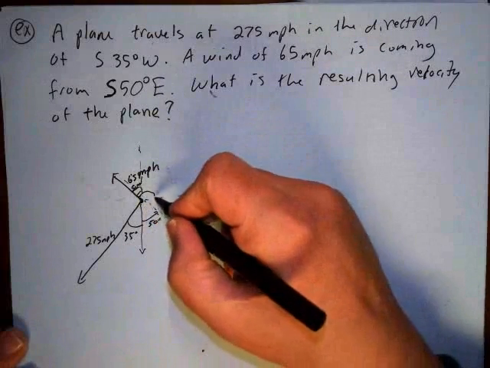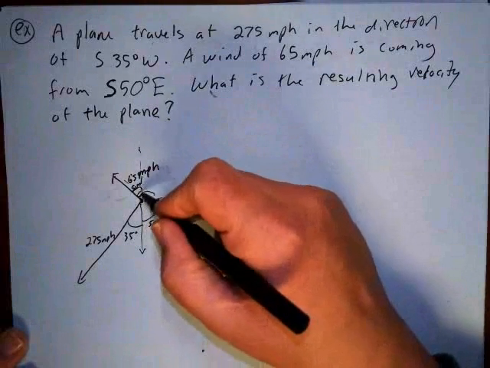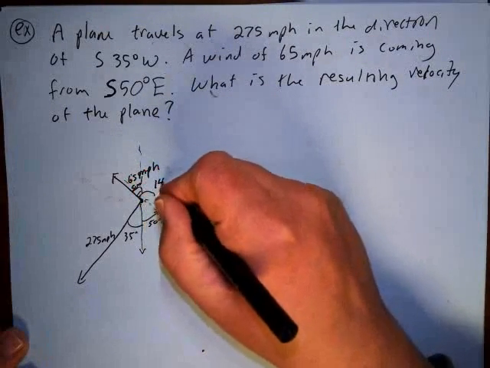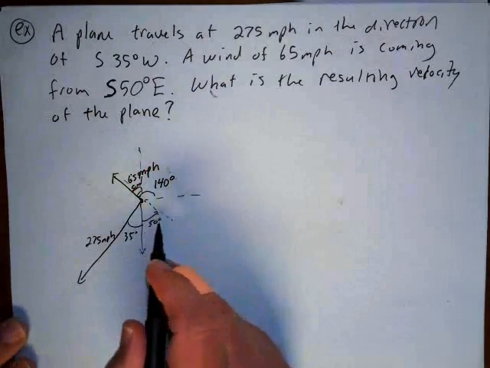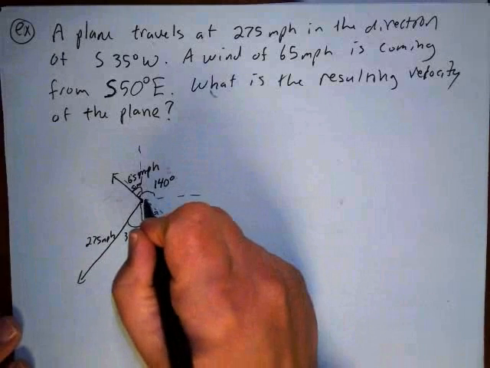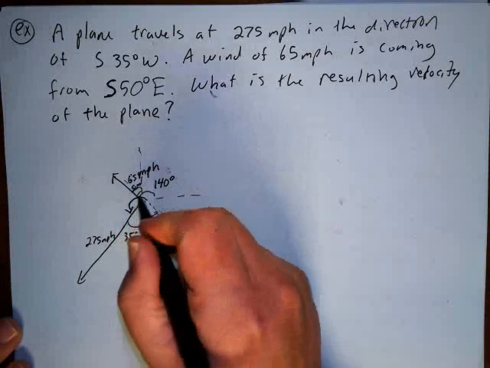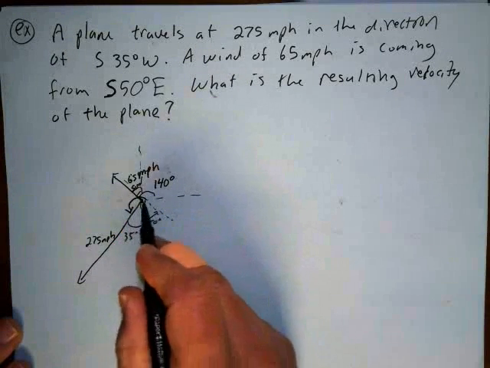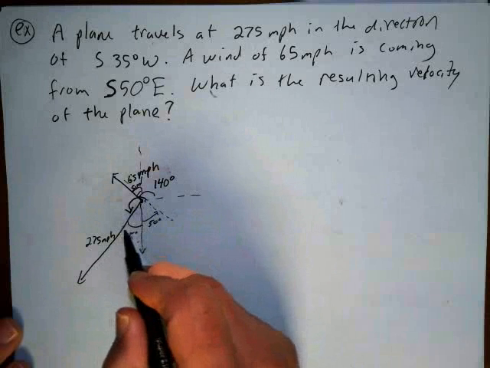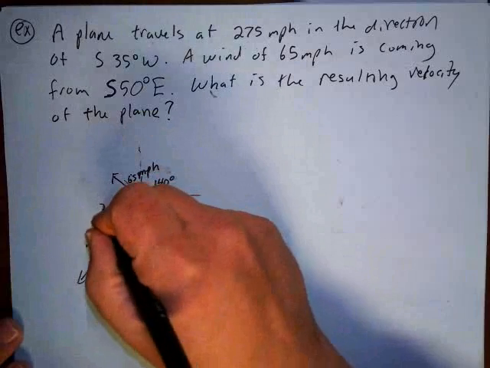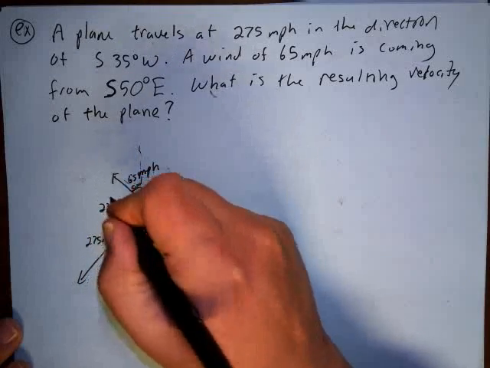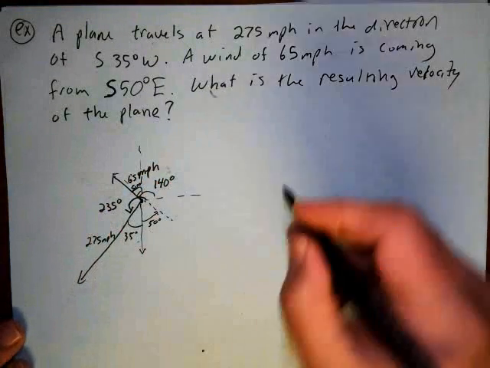That's 50 degrees. So this angle that you need here is 90 plus 50, which is 140 degrees. So that's one of the angles. And now I need this angle that goes from here to there. And so I can get that because I know this is 270, and so if I back up 35 degrees, I would get 235 degrees for that one.